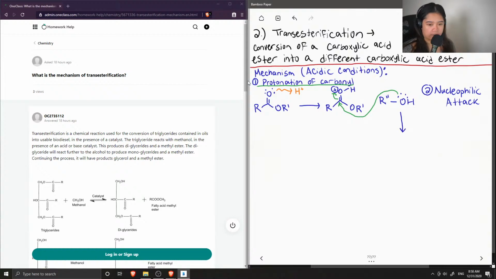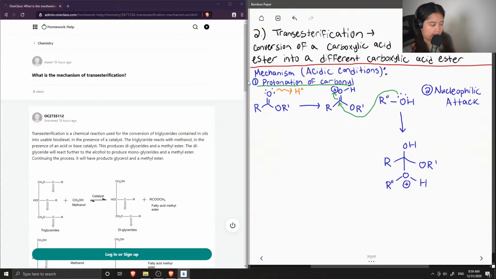So now we have an alcohol group up here. We have our side group R1, and now we have a newly formed bond and a new side group R double prime.